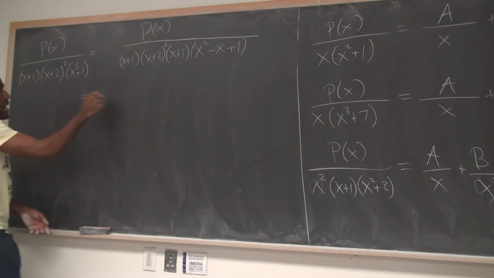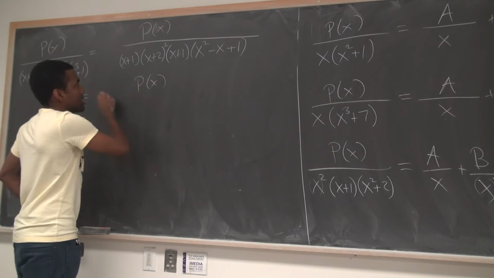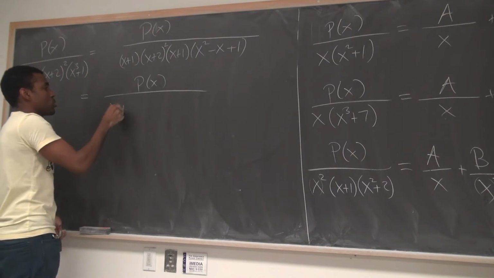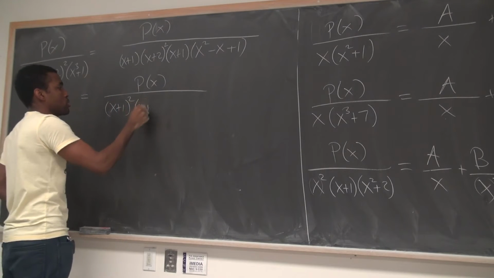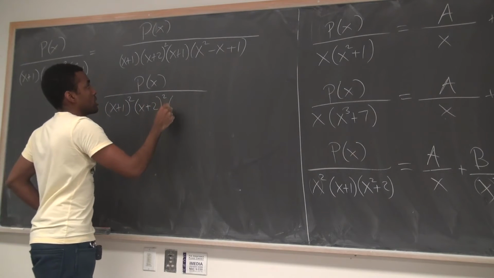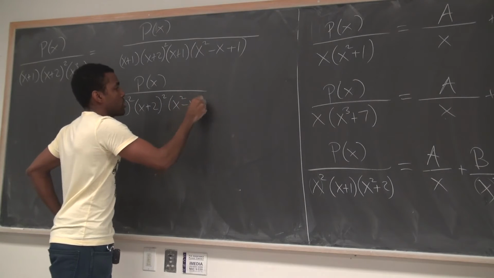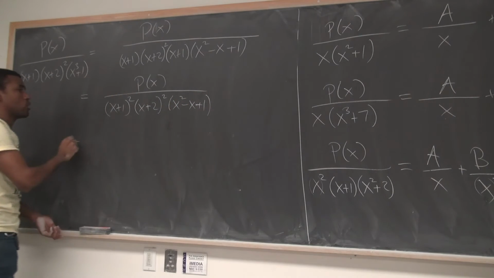So what we actually have is x plus 1 squared, x plus 2 squared, times x squared minus x plus 1. How do we break that up?